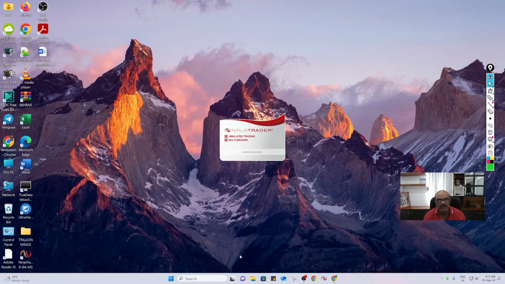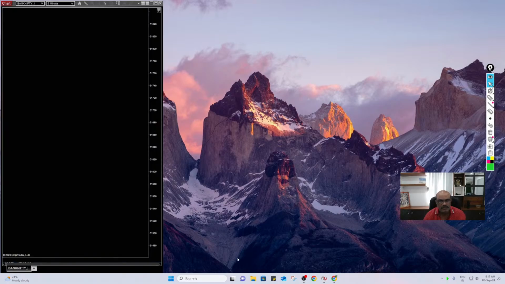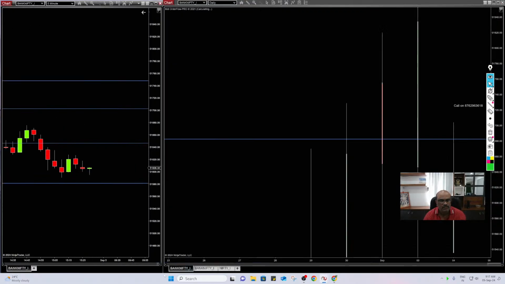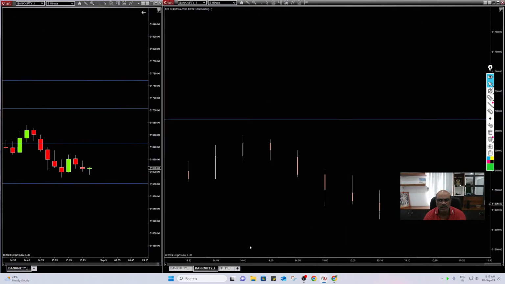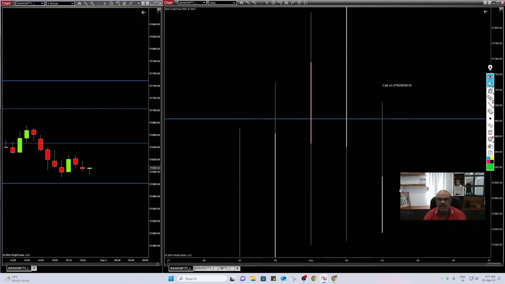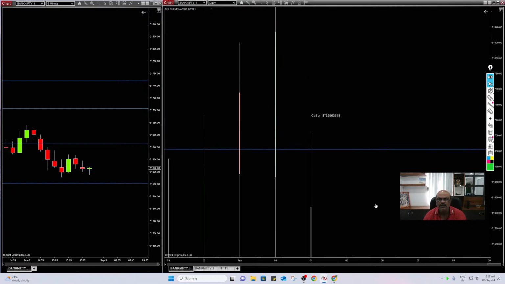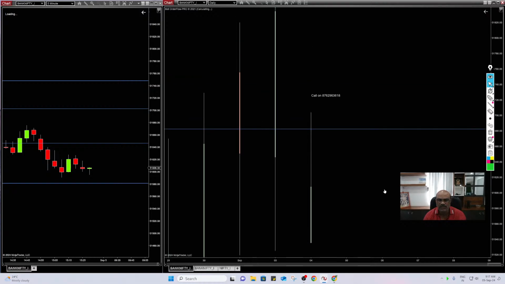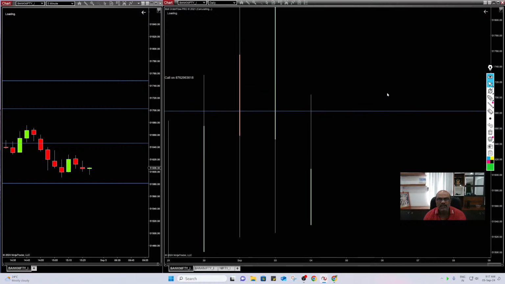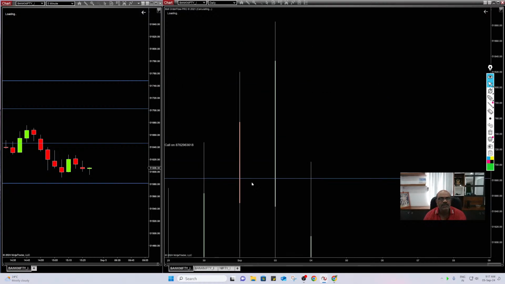Ninja Trader is the platform I am using. Here this is the 5 minute daily chart. Daily chart still it is not generated. I think it will be generated now. We will see.